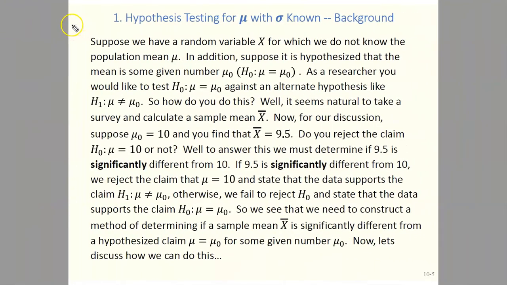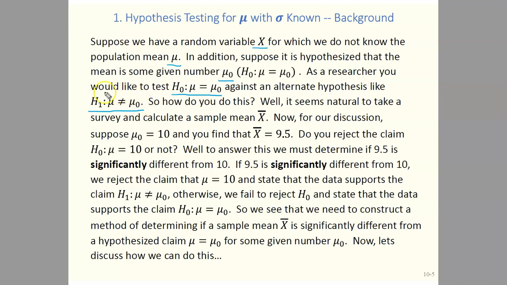Now to develop our technique, let's first note this. Suppose we have a random variable x for which we do not know the population mean, as we discussed previously. And in addition, suppose it is hypothesized that the mean is some given number, mu naught. Now, as a researcher, you would like to test the null hypothesis, mu equals mu naught, against an alternate hypothesis like mu does not equal mu naught.